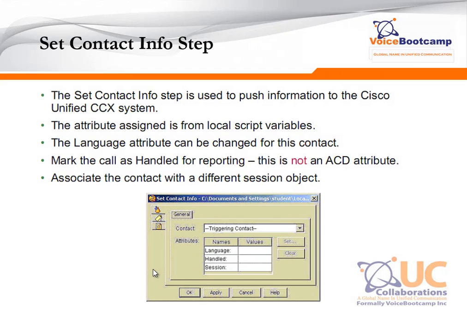Now, the set contact info step is used to push information to the contact center express. The attribute assigned is from a local variable, such as a certain language to be used, the session ID, or associating a contact with a different session object. All this can be set. So using set contact info means applying certain variables to that particular call.